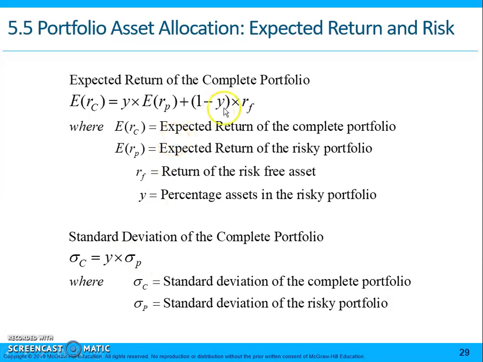Since the standard deviation of the risk-free asset is 0, you don't have to consider that. But if we have the standard deviation for the risky portfolio, we can easily calculate the standard deviation for the complete portfolio.